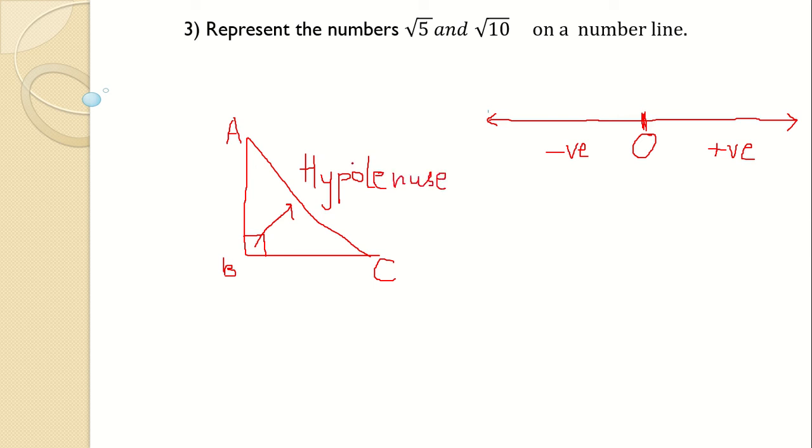And according to Pythagoras theorem, what do we have? Hypotenuse square is equal to the remaining two sides squared. We can call them side 1 and side 2, or base and height.